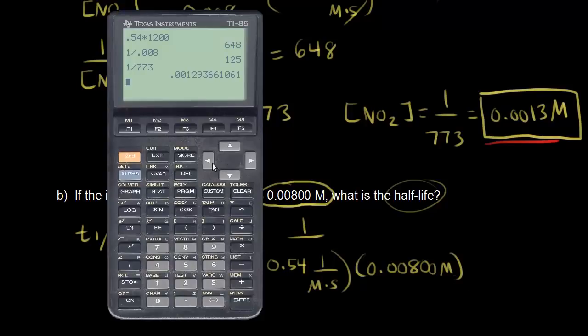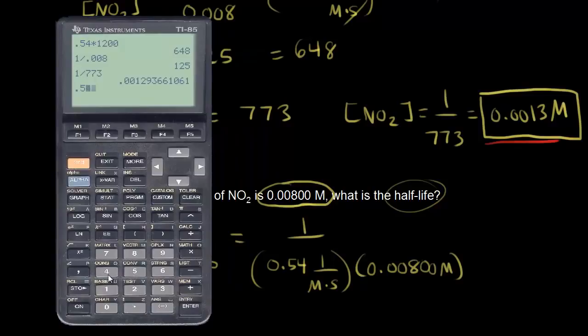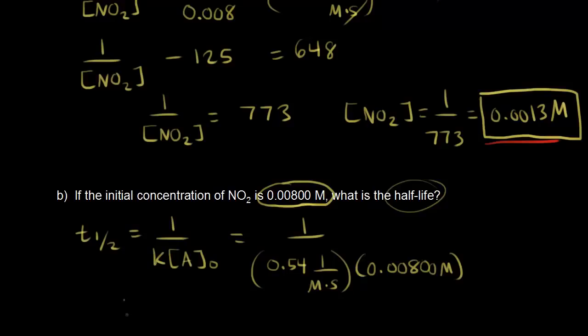All right, so let's do that math. So we get out our calculator here, and we take 0.54 and we multiply that by 0.008. So we get 0.00432. And so we take 1 divided by that, and that will get us our half-life. So we get 2.3 times 10 to the second seconds, right? So T1/2 is equal to 2.3 times 10 to the second seconds.